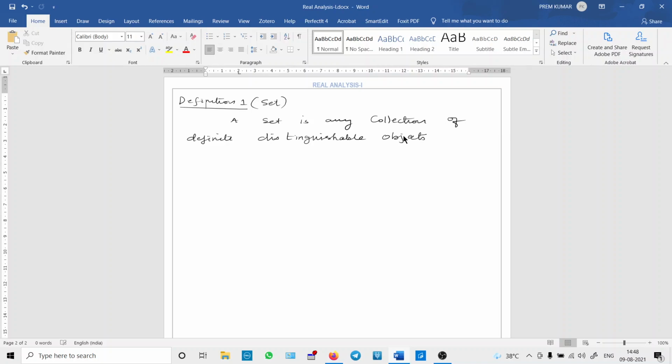Or a set is a collection of well-defined objects. It should be well defined. What are the characteristics of the elements in a set, and it should be defined well. That is a basic definition of a set.